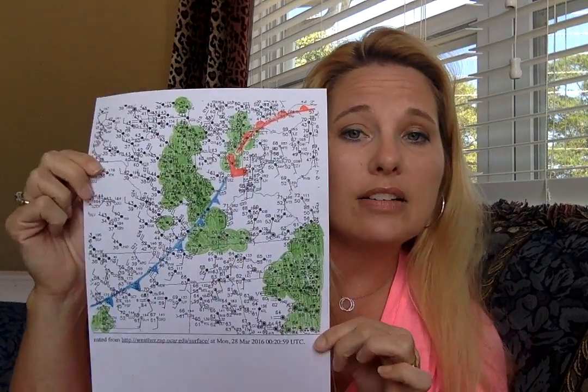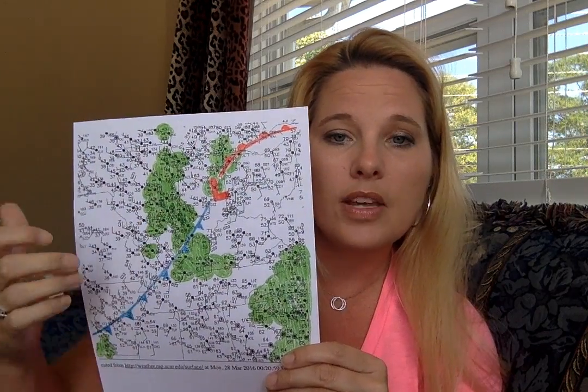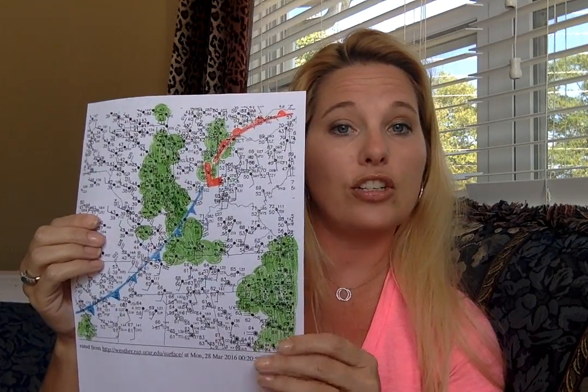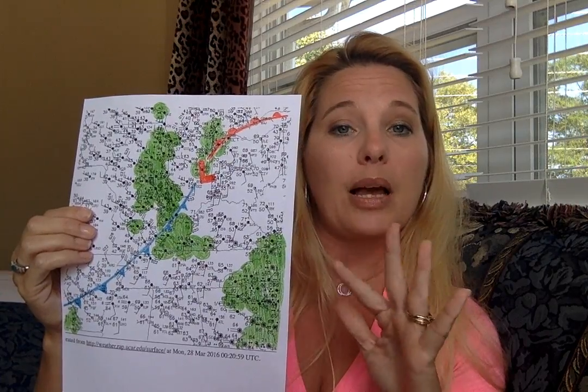So that right there is your surface weather map. So we know we've got cold air coming in from the northwest. We got some thunderstorms here along the cold front, because you will learn that with a cold front, you're more likely to get stormy weather, rain for maybe a couple hours, but then it's gone.